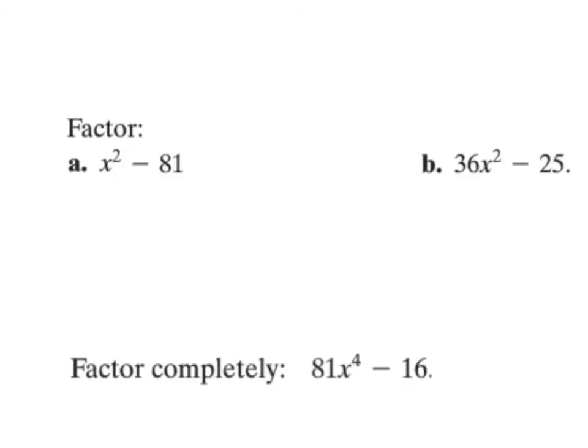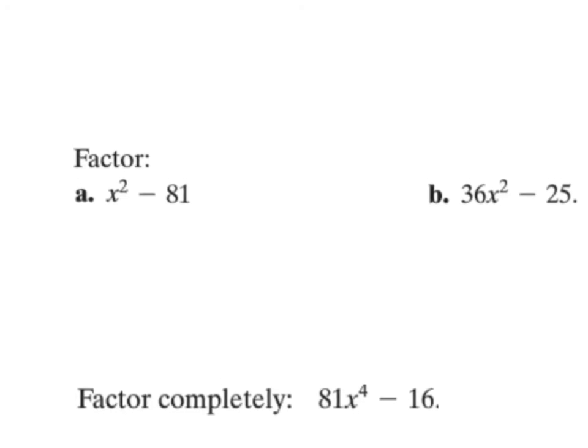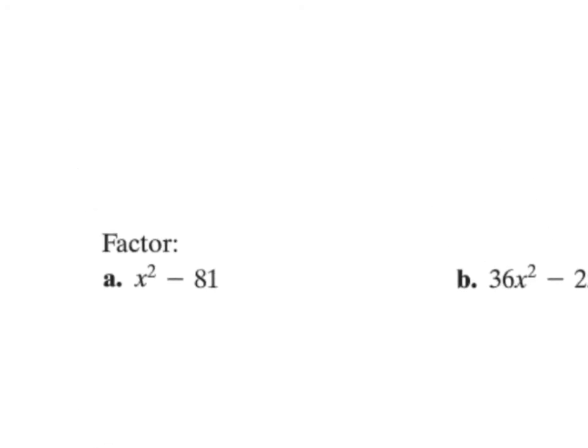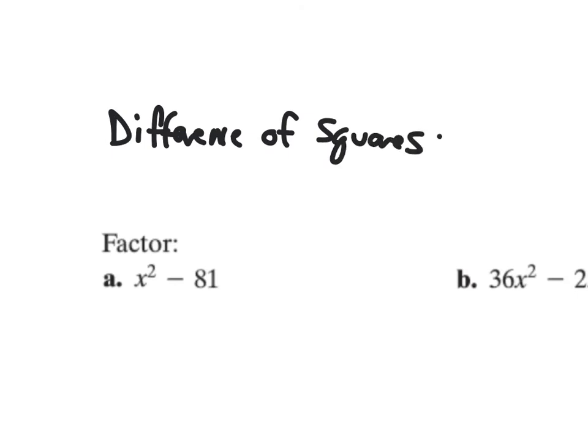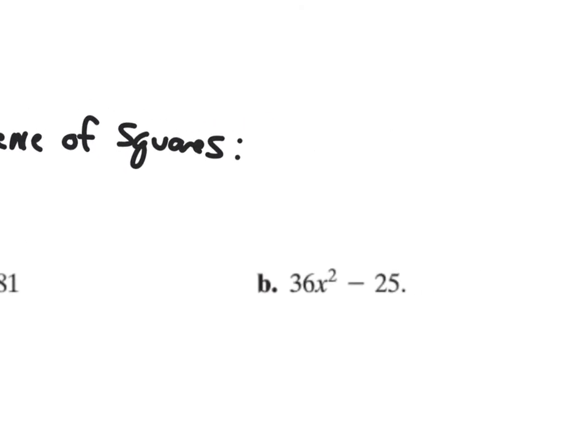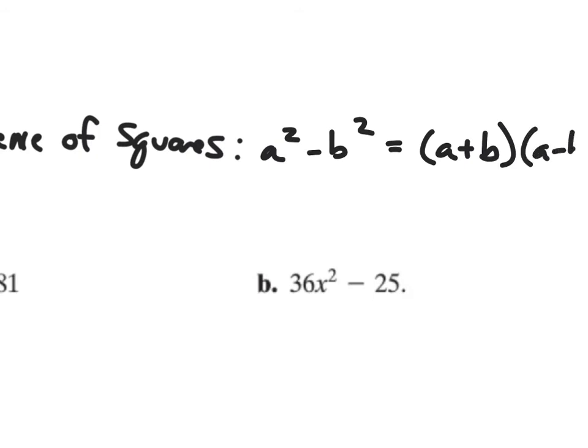Okay, so on the second page, what I want to talk about first is difference of squares, okay? What that means is it follows this idea here where you have a squared minus b squared, which is going to factor to a plus b times a minus b, all right?